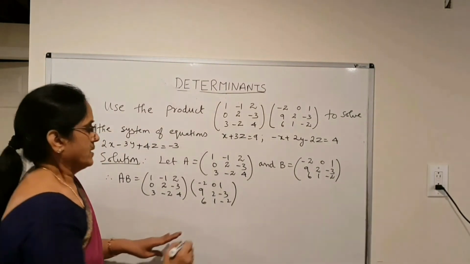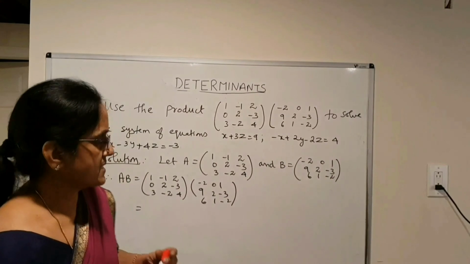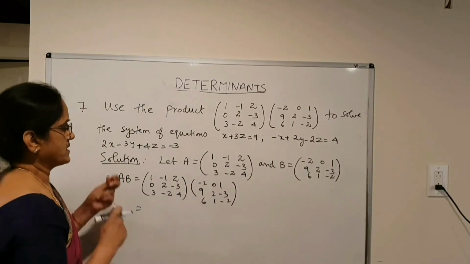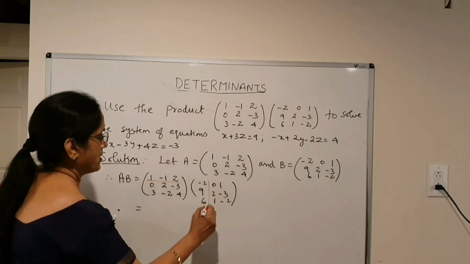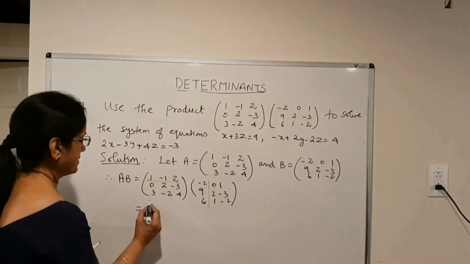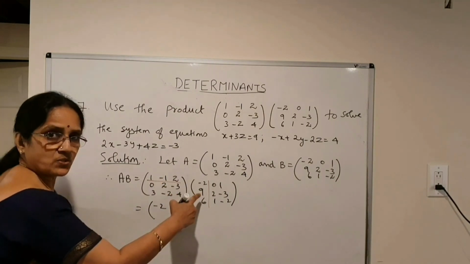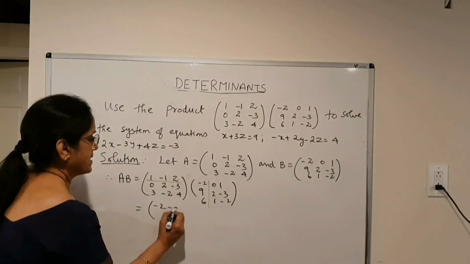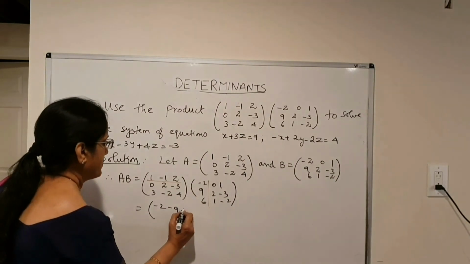Okay. Usual method. First let us consider the first row and the first column. I will be getting 1 into minus 2, minus 2, minus 1 into 9, minus 9, then 2 into 6, 12, plus 12.